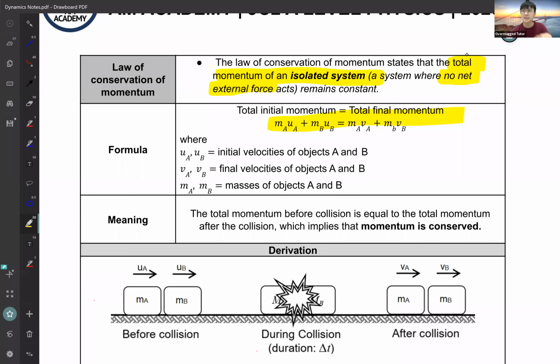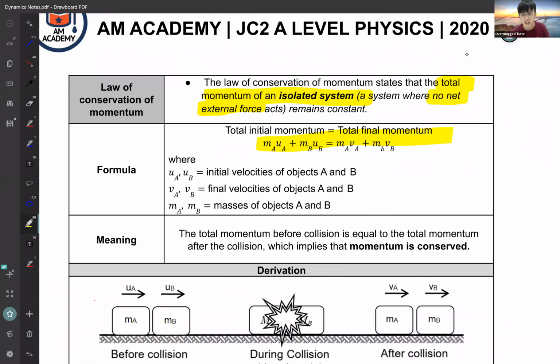Because in the exam, they can twist and turn the data as well as the content in the question, so it might not be exactly MAUA plus MBUB equals MAVA plus MBVB. I don't like students memorizing this. It's very confusing, and you already have so many things to memorize over your 6 subjects in JC. Why would you want to memorize this? Do not memorize it. Understand it.